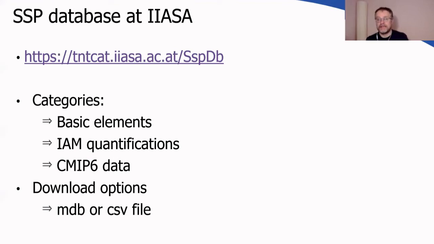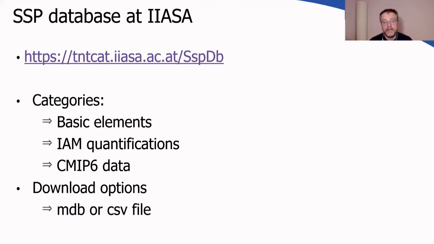So to start with the data side of things, at IIASA, the link that you've shown here, there is the Shared Socioeconomic Pathways database, which contains basic elements of the SSPs, population, GDP projections.